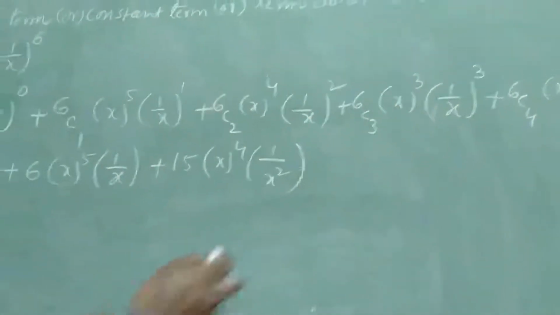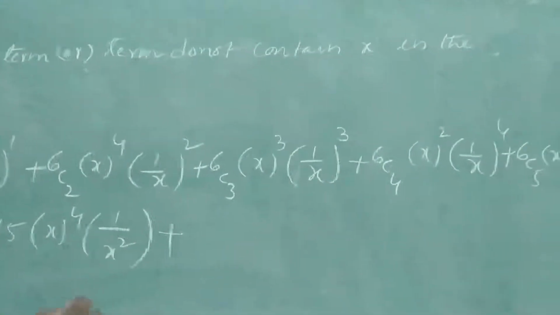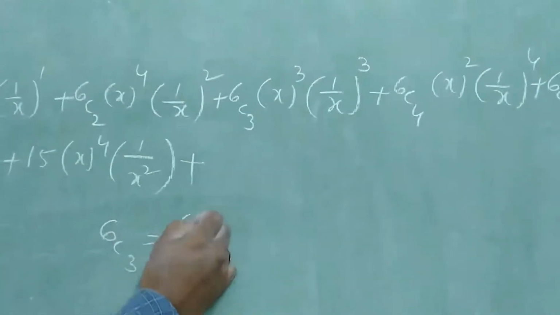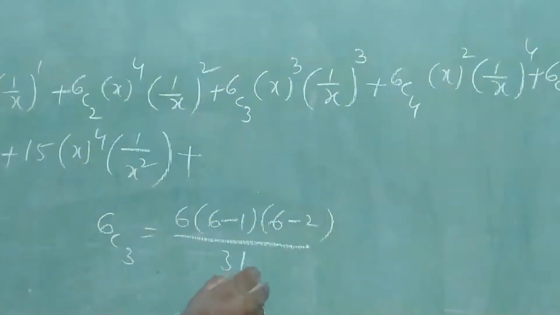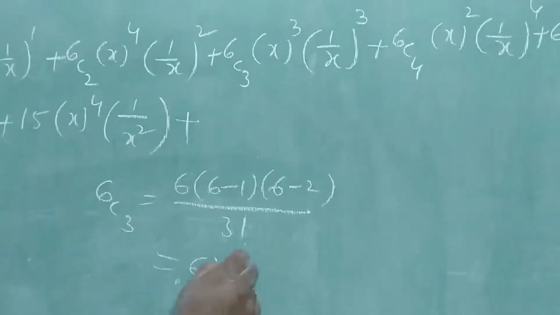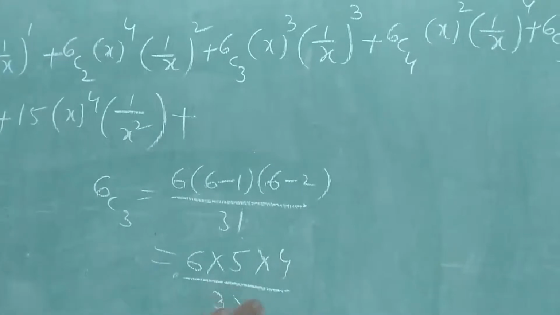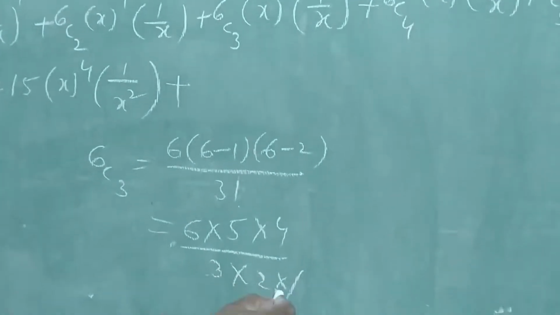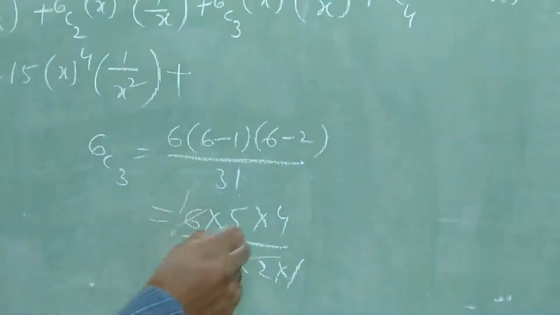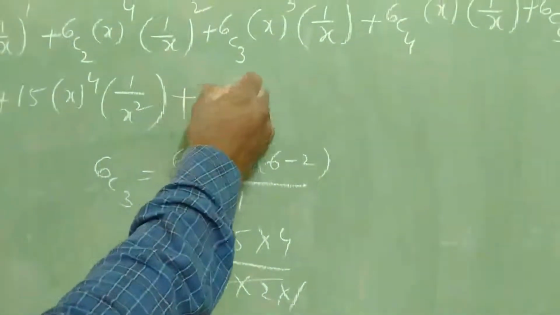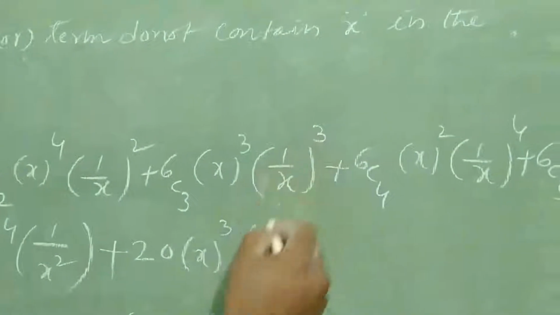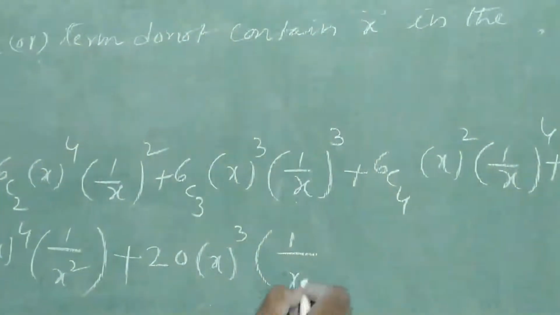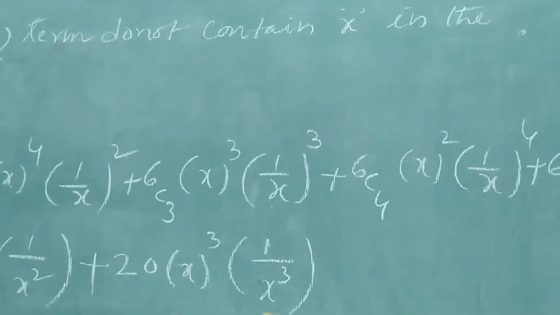And next one, 6C3. 6C3 can be written as 6 into (6 minus 1) into (6 minus 2) by 3 factorial. So 6 into 5 into 4 by 3 into 2 into 1. So 3 twos are 6, 6 cancels. 5 fours are 20. So 20 into x cubed into (1/x) cubed, 1 by x cubed.